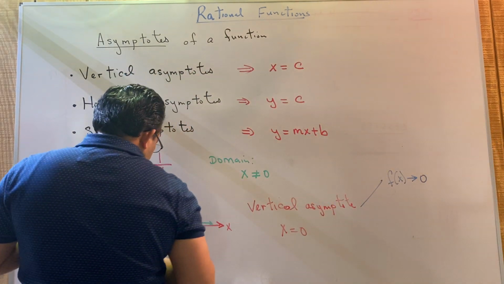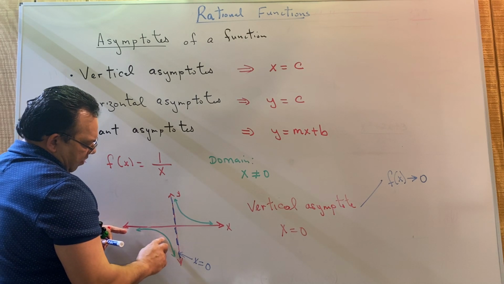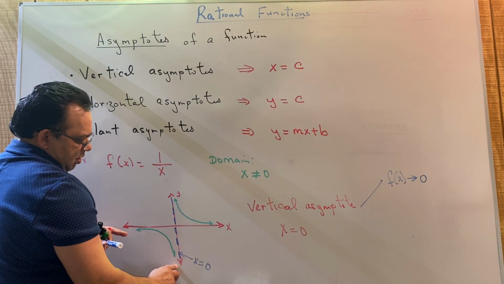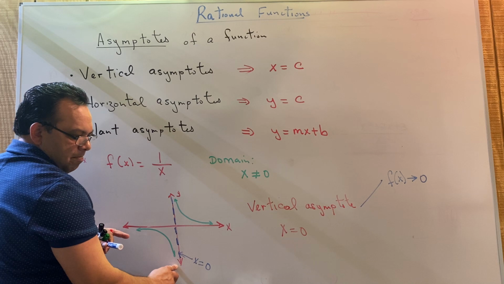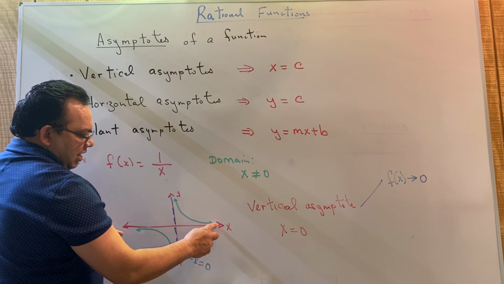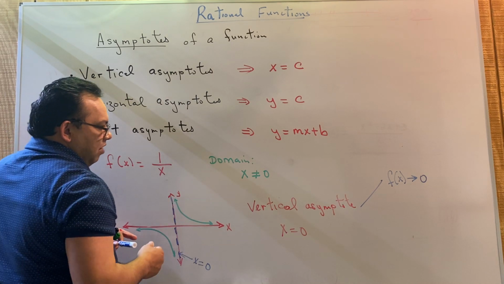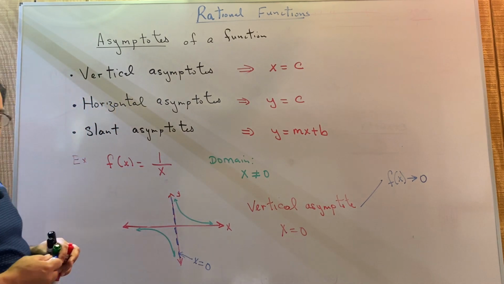Well, if x is approaching 0 from the left side, the y value is going towards negative infinity. On the right side, as x approaches 0, the y value is going towards positive infinity.